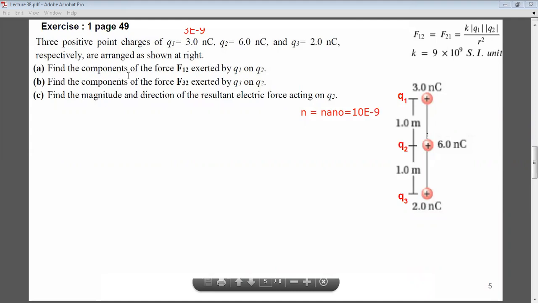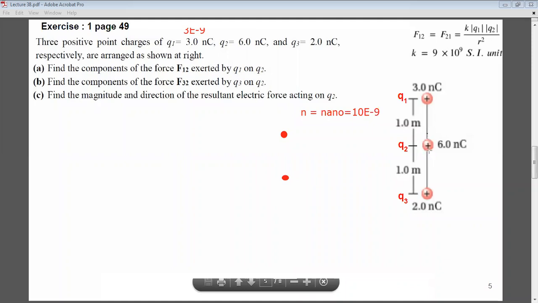Okay, find the components of the force F12 exerted by Q1 on Q2. So I want the components of the force F12 exerted by Q1 on Q2. The first thing I do is that I draw this force. So I want Q1 on Q2. So I have Q1, I have Q2. Okay, and we will start by drawing F12, which is exerted by Q1 on Q2.